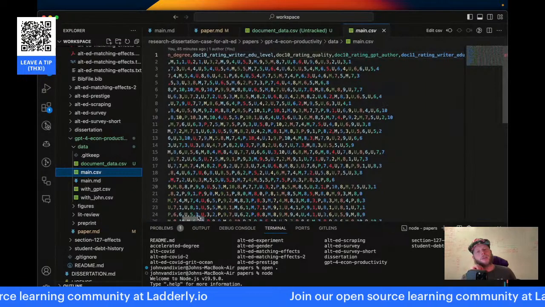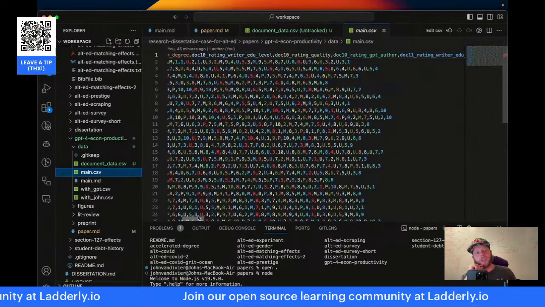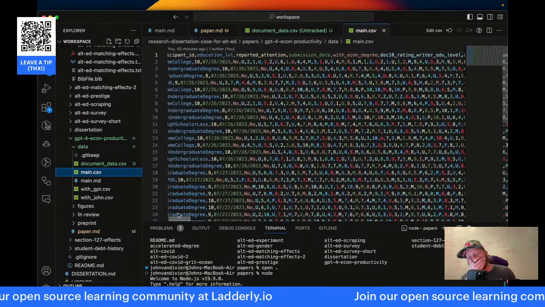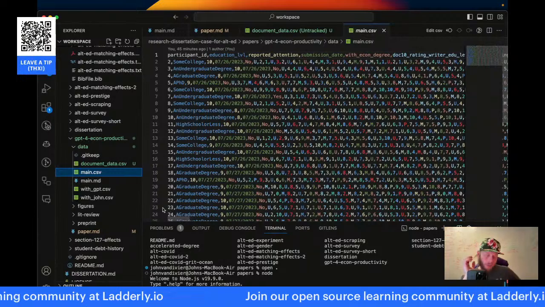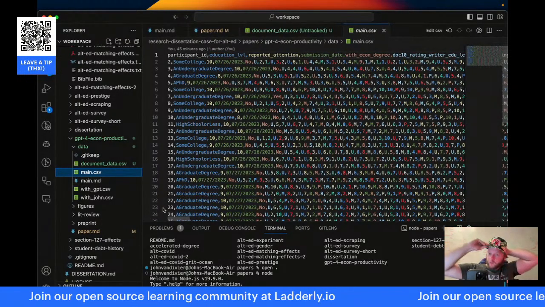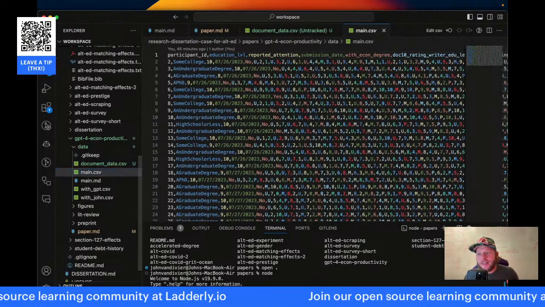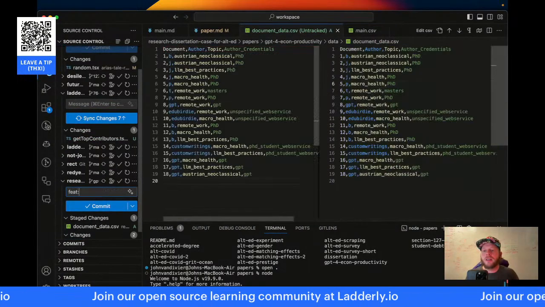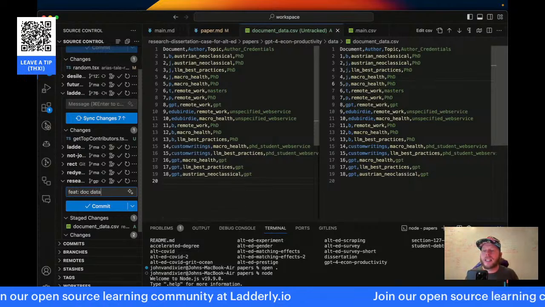Basically I need to do a series of regressions, and then I guess average across them. That one is weird to me. I should be able to do multivariate instead of averaging across models. Let me check in this data file, and then we'll ask GPT what it thinks. So feet, doc data.